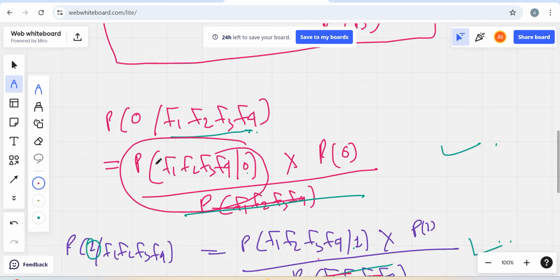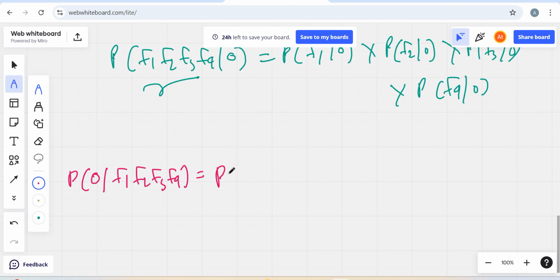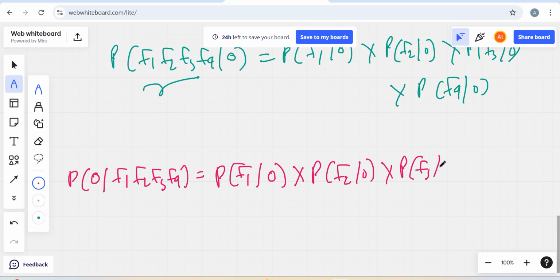Here is the equation we got, but I'm just opening this also. So in that case you'll get like this: feature 1 given 0 multiply feature 2 given 0 multiply f3 given 0 multiply f4 given 0 multiply probability of 0. This is my final equation, right?